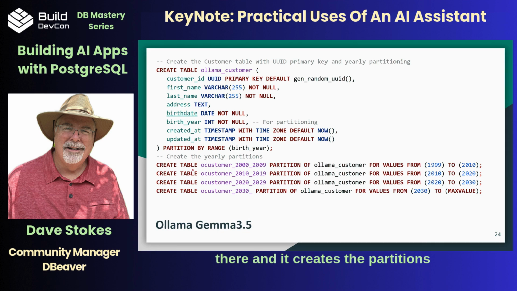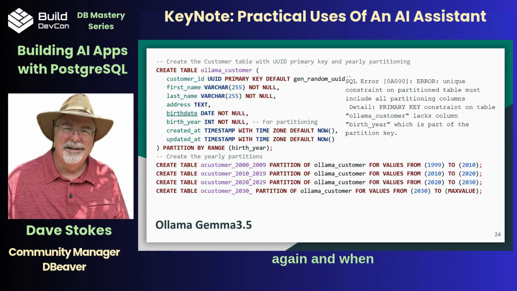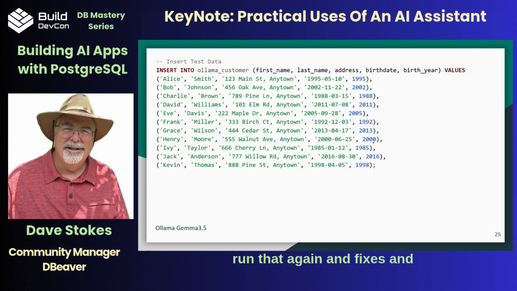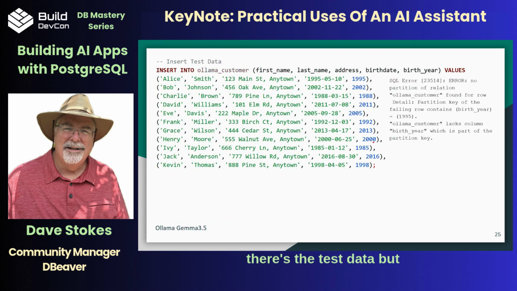And it creates the partitions. It's like every decade again. And when I go to build this, the create table lacks birth year, which is part of the partition key. So run that again and it fixes. And there's the test data.